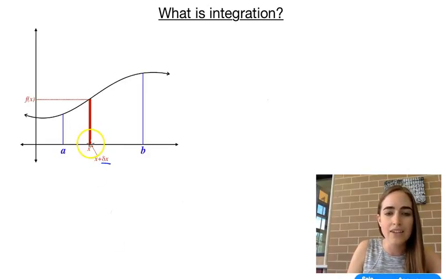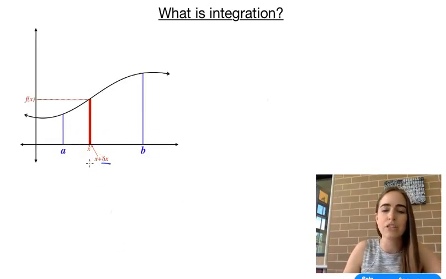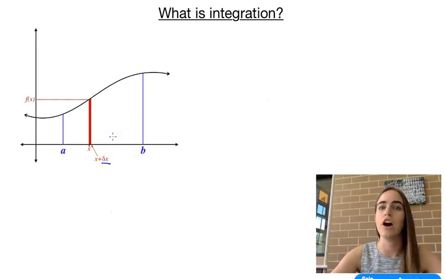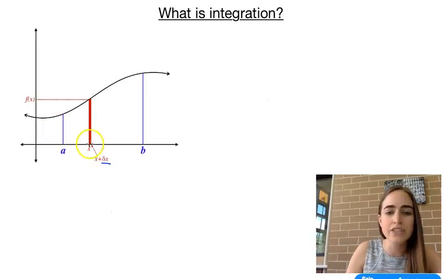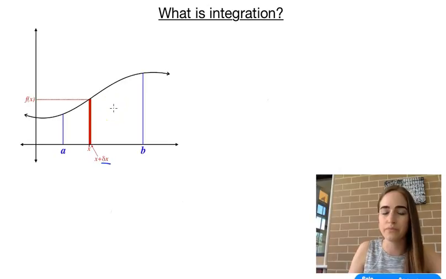Now, because that rectangle is infinitesimally small, that delta x is representing a really tiny number. So because it's infinitesimally small, the height of that rectangle will be f of x. And even though over this side, theoretically, it looks like it's a little bit taller, because delta x is tiny, it's going to have a height of f of x as well.